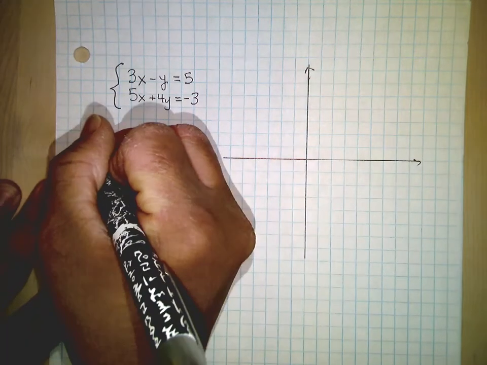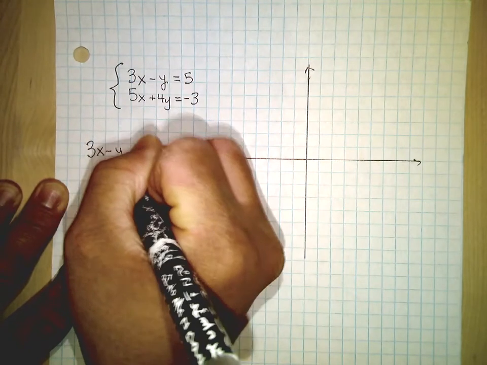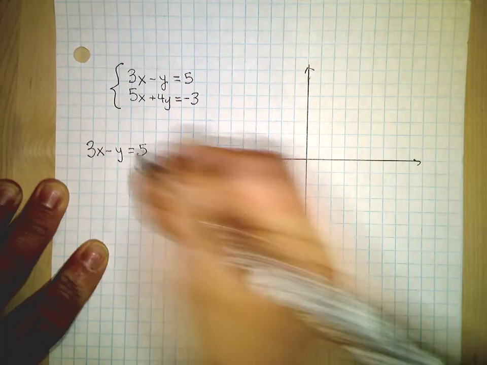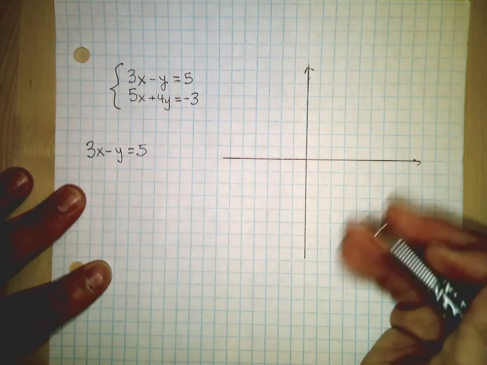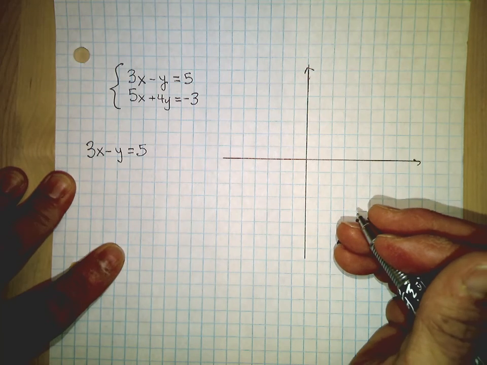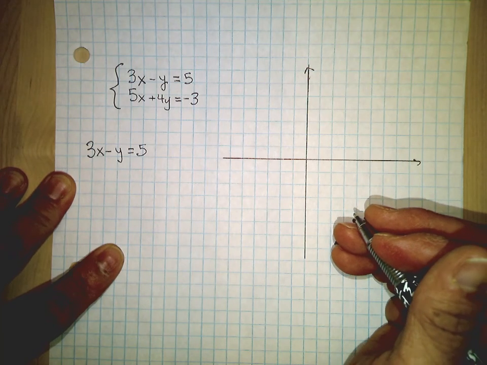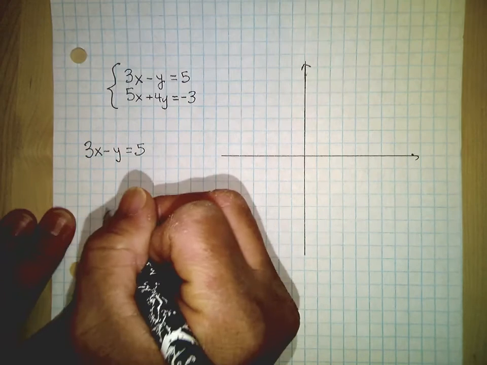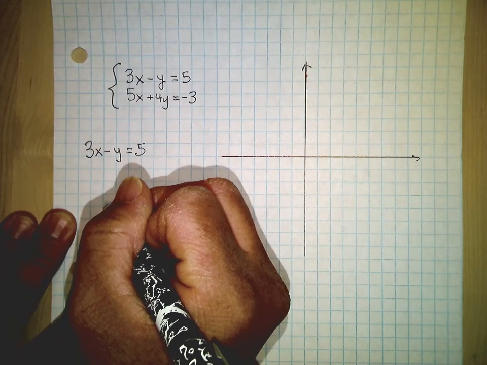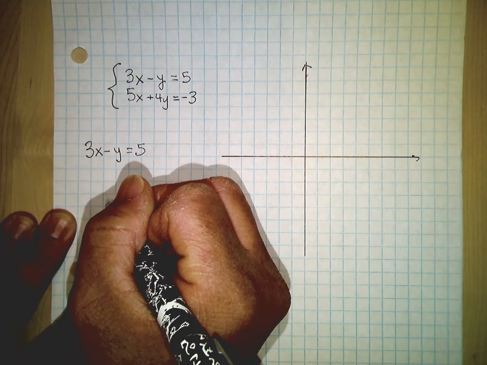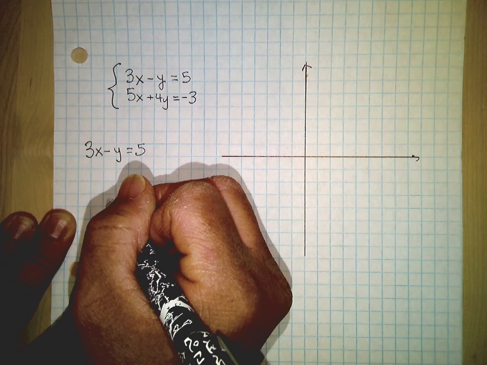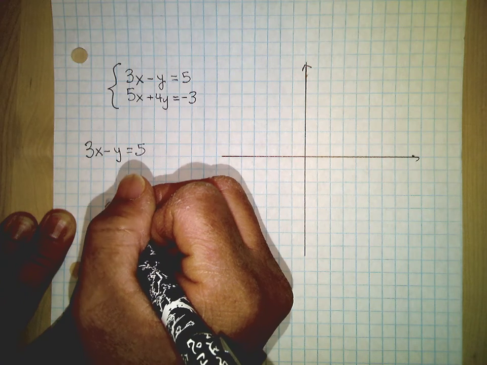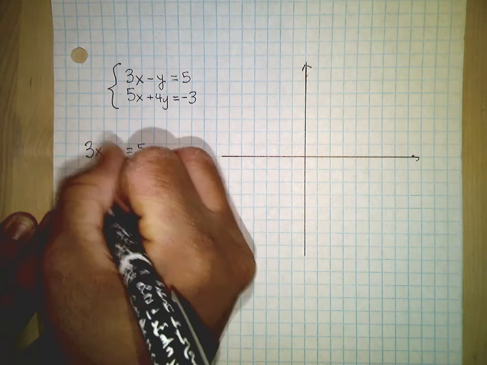All right, so we have 3x minus y equals 5, and there are lots of ways that we can do this. One of these ways would be to substitute numbers for x and figure out what the y value is.